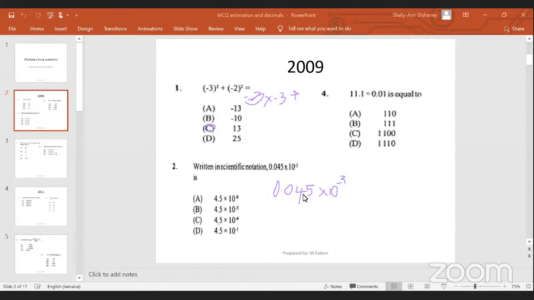So if the point goes here, what would be the result then? 4.5 times 10 to the negative 1 power.